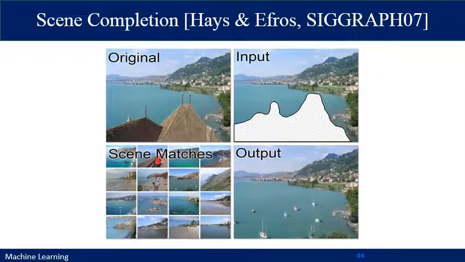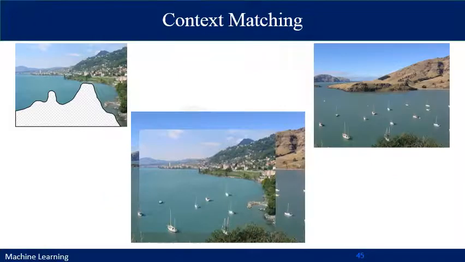It also employs techniques for scene completion. As you can see, we have the image which was presented as an original image, and the authors provided the input by eliminating some parts of the image, and the image is again mapped to the nearest neighbors to reconstruct the output, which was almost equivalent to the original image, but with some modification because the algorithm also employed certain techniques for context matching.